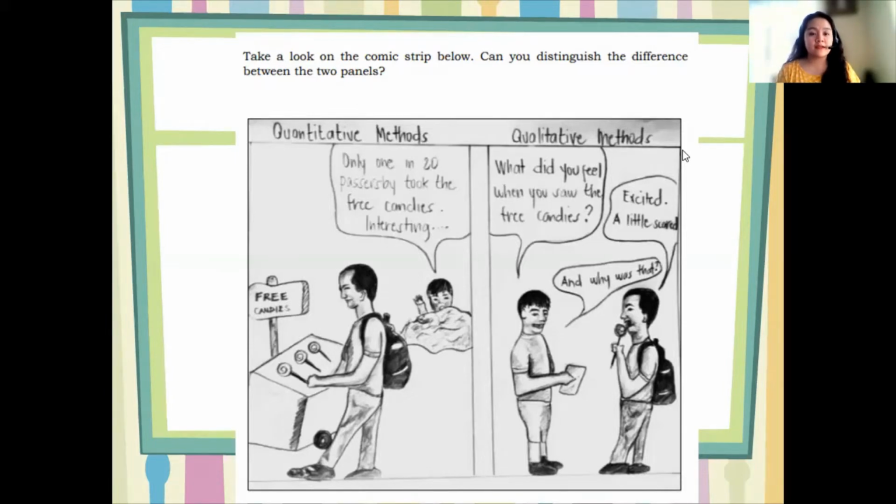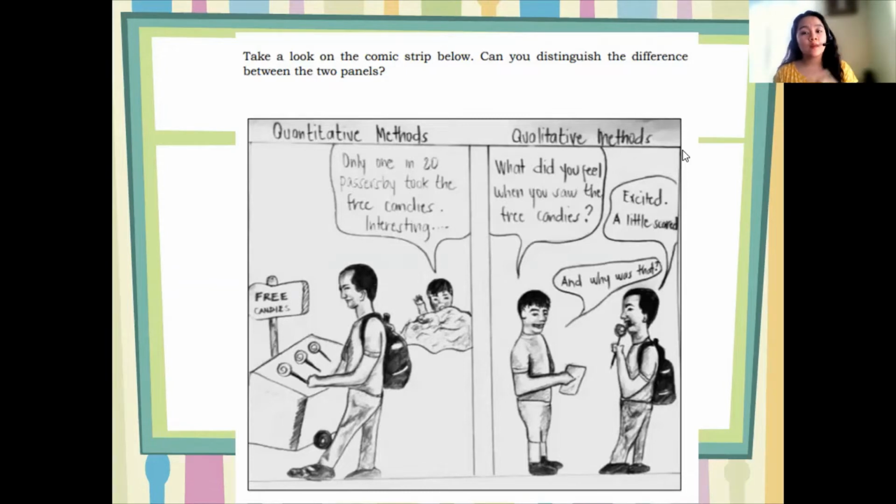So as you can see, in the quantitative method, there is number, diba? As you can see, it says there only 1 in 20 passerby. So meron siyang ratio, may number na included, and many other things.